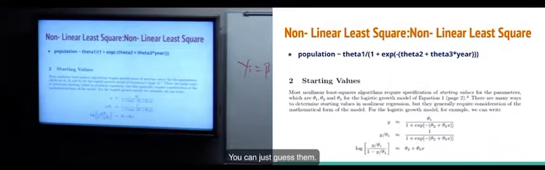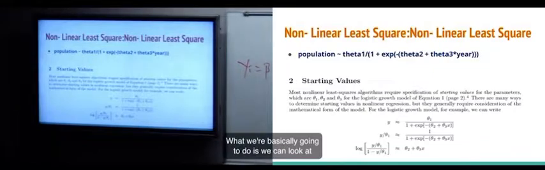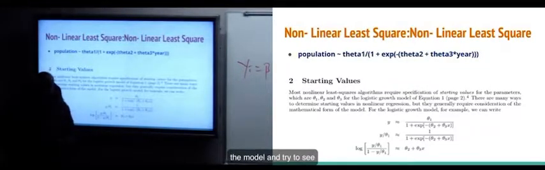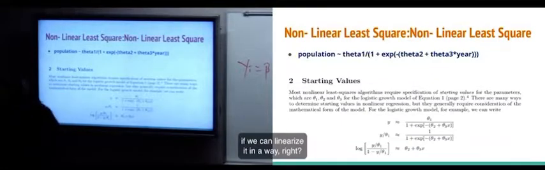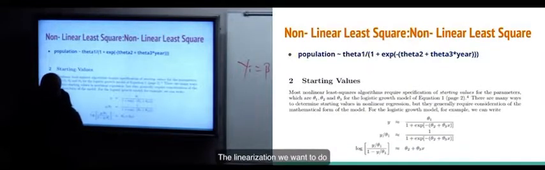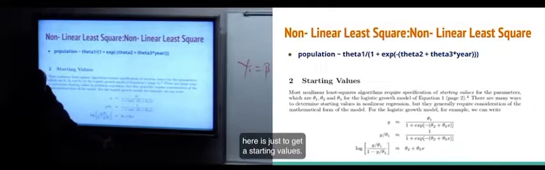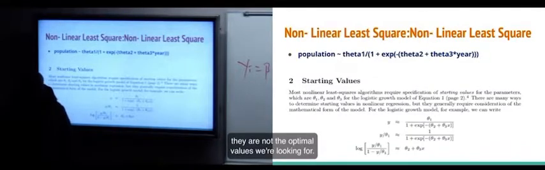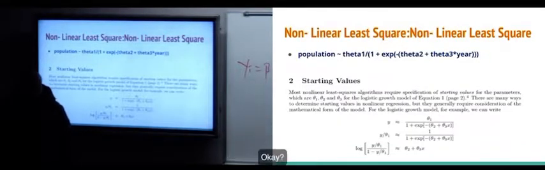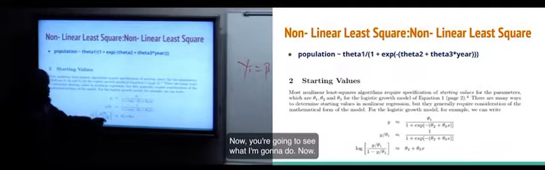You can't just guess them. We can look at the model and see if we can linearize it in a way. The linearization we want to do here is just to get the starting values. The values we get here are not the optimal values we are looking for. Now, you're going to see what I'm going to do.